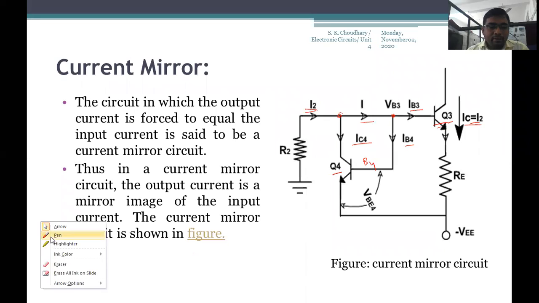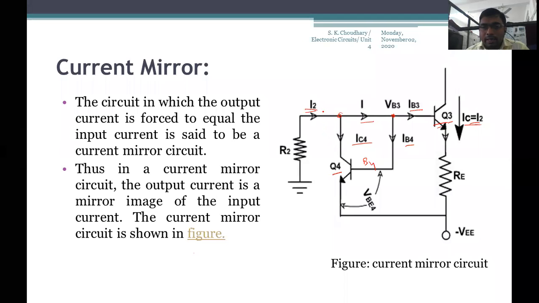If you look at it, as I2 and IC3 are the same, you have to follow this route for the KVL. So it becomes VEE minus VBE4 upon R2.